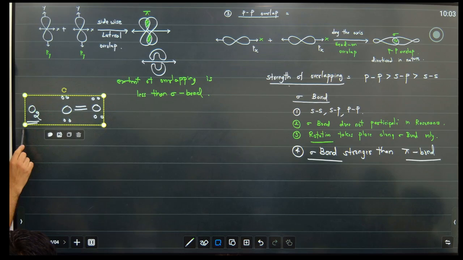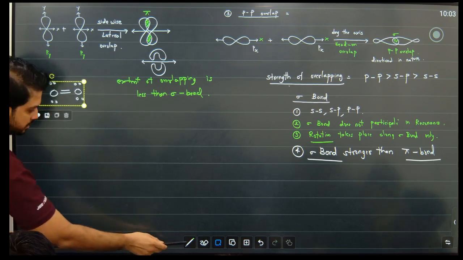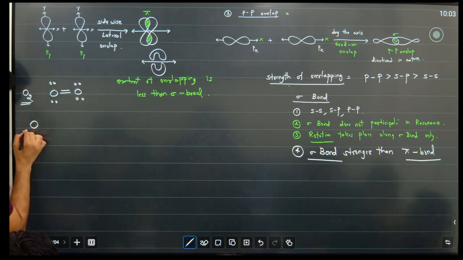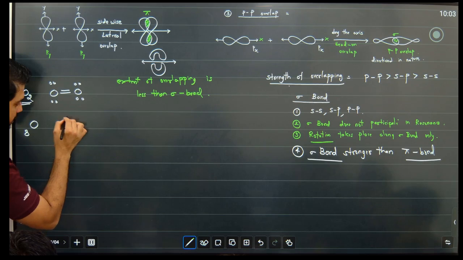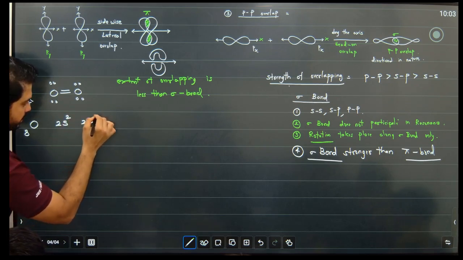Oxygen, atomic number 8, last shell configuration is 2s2 2p4.